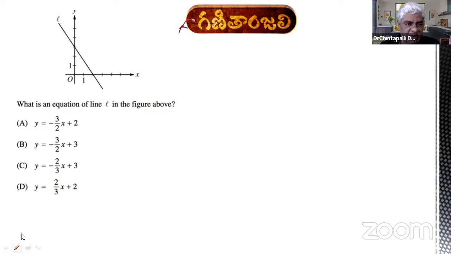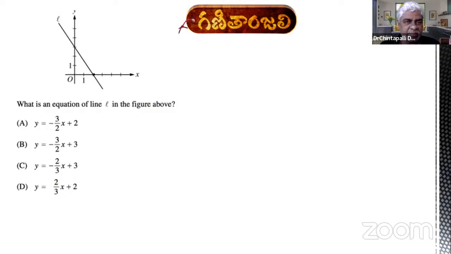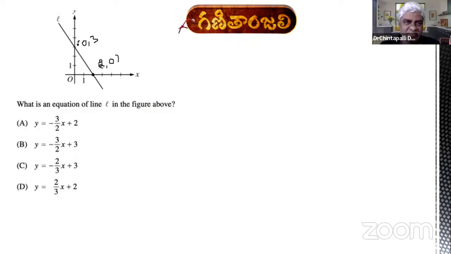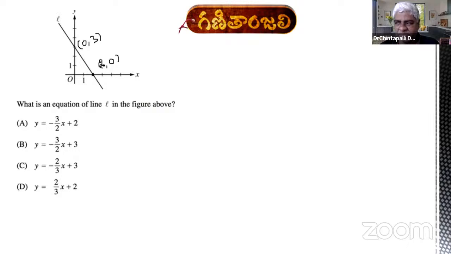First of all, we need to find the intercepts, the points at which this line meets the x-axis. This is (2, 0). In that case, options A and D are wrong. One direct method is to plug these points into the four options. Which option satisfies these two equations is the correct option.